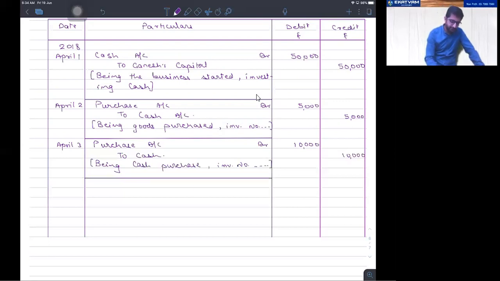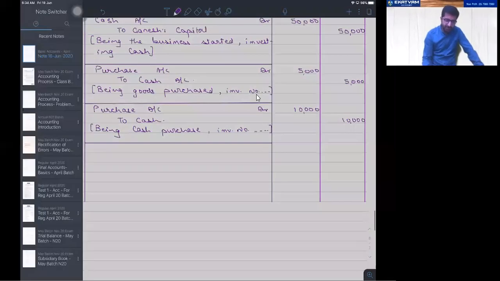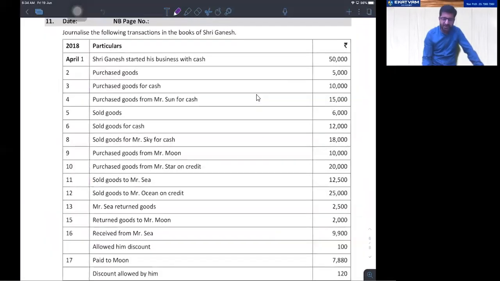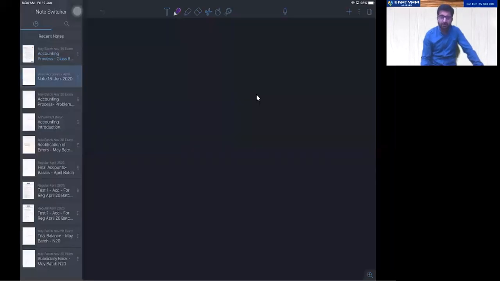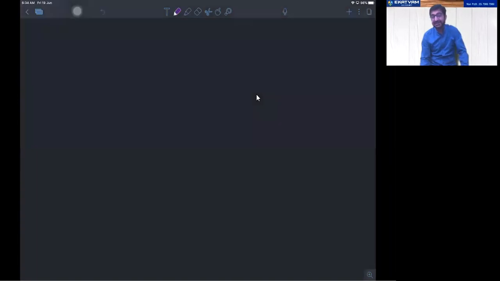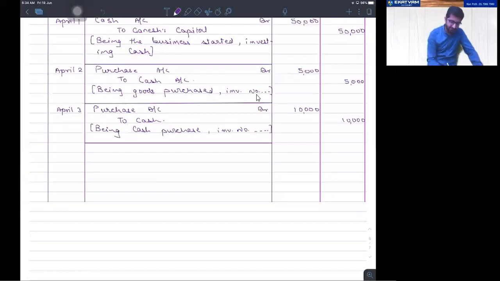Then on April 4th, purchased goods from Sun for cash. Same transaction, even though the name of person is given, but then also we'll ignore it because it is a cash transaction.